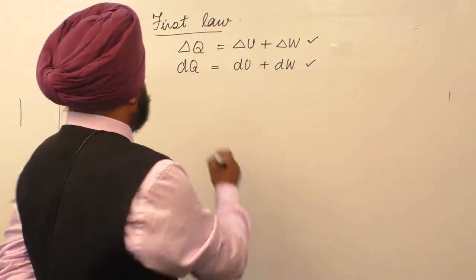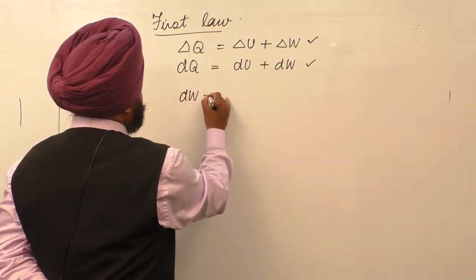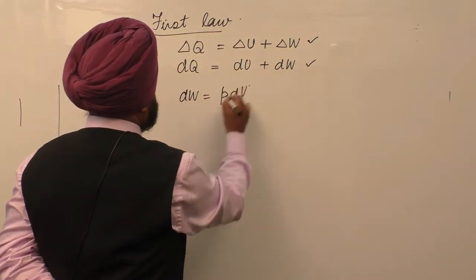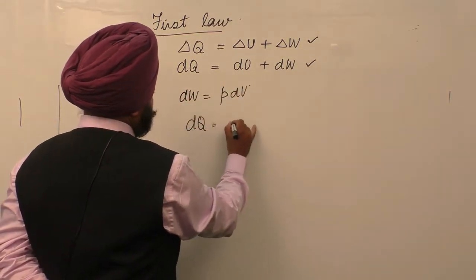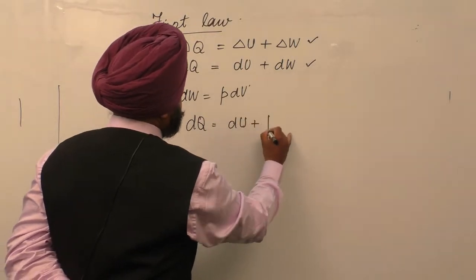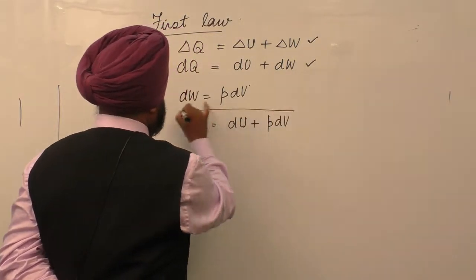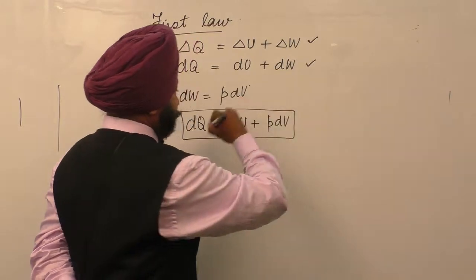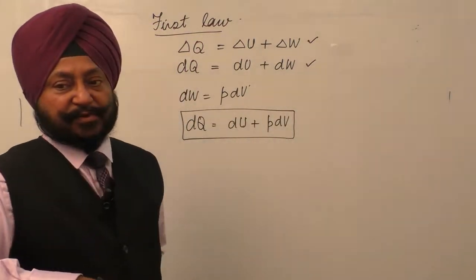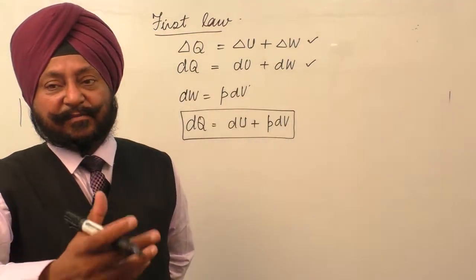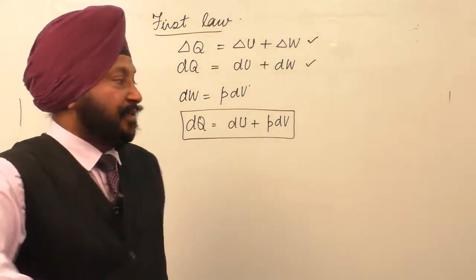Now since dW can be written as pressure into change in volume, the amount of heat dQ will be equal to dU plus pressure into change in volume, something which we need to remember because a lot of numerical problems are based on this particular segment in your competitive examination.